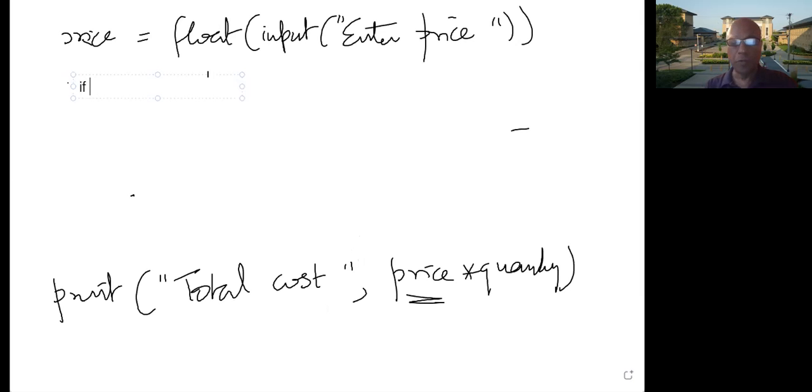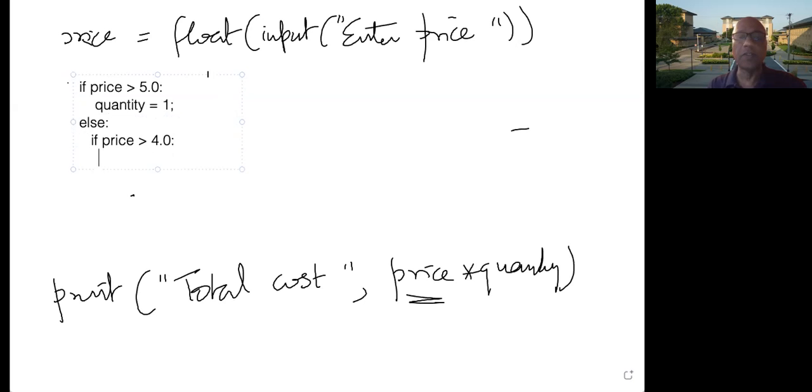You could write if price is greater than $5, I would write quantity equals 1. Else, if price is greater than $4, or let me put it slightly differently.